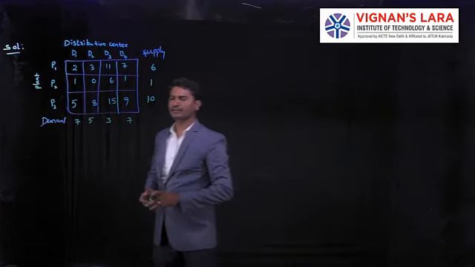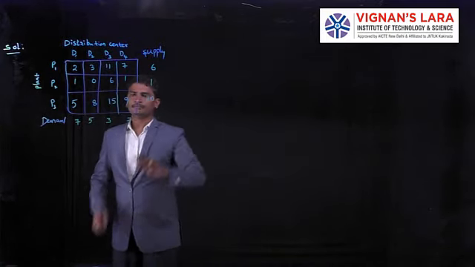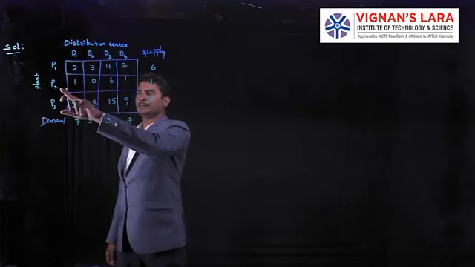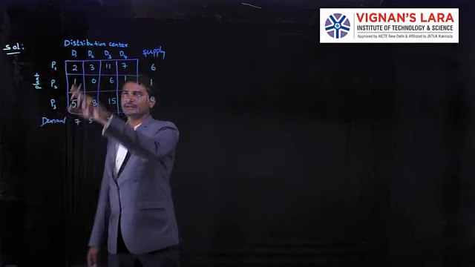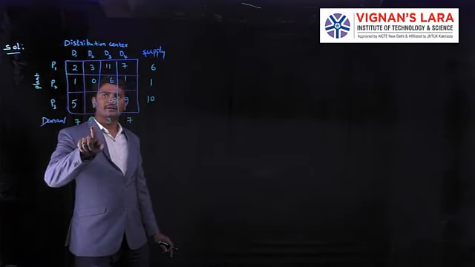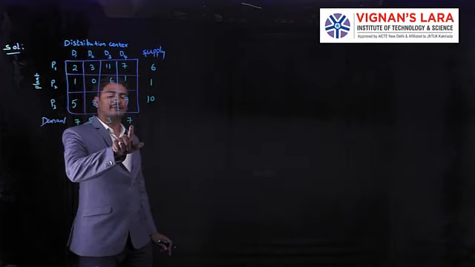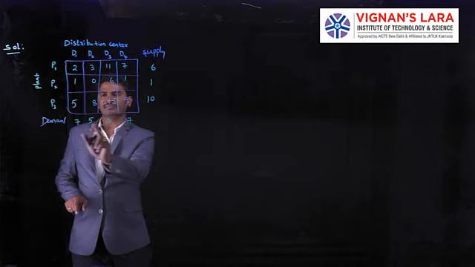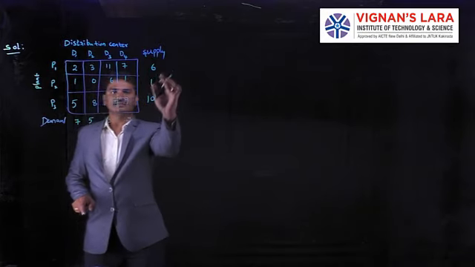So there are 6 million liters at plant 1, 1 million liter at plant 2, 10 million liters at plant 3, and the distribution center requirements are 7, 5, 3, and 7 million liters. These are the requirements from the distribution centers. These are the supply.